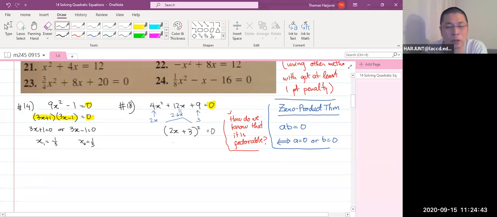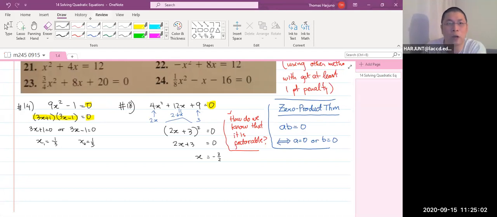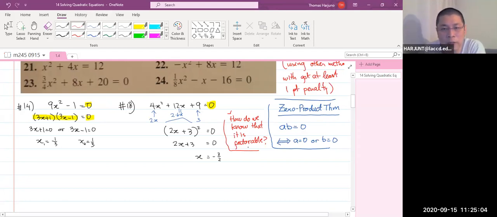That's a perfect square. So when 2x plus 3, squared, equals 0, that thing must be 0. So x equals negative 3/2. Now, sometimes you try to factor this way and that way and it doesn't work. So Thomas, how do I know that it is factorable? You will look at the discriminant.